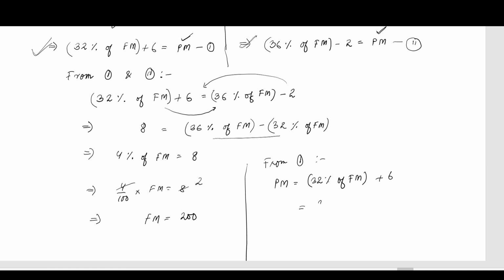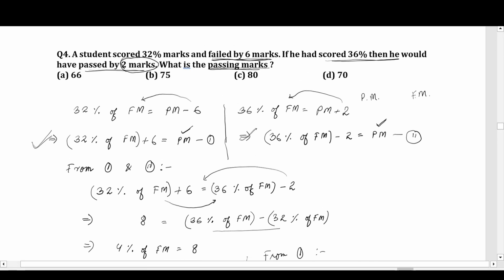So pass mark is 32 by 100 into full mark, which is 200, plus 6. 32 into 2 is 64, 64 plus 6 is 70. Option D. Check the answer.